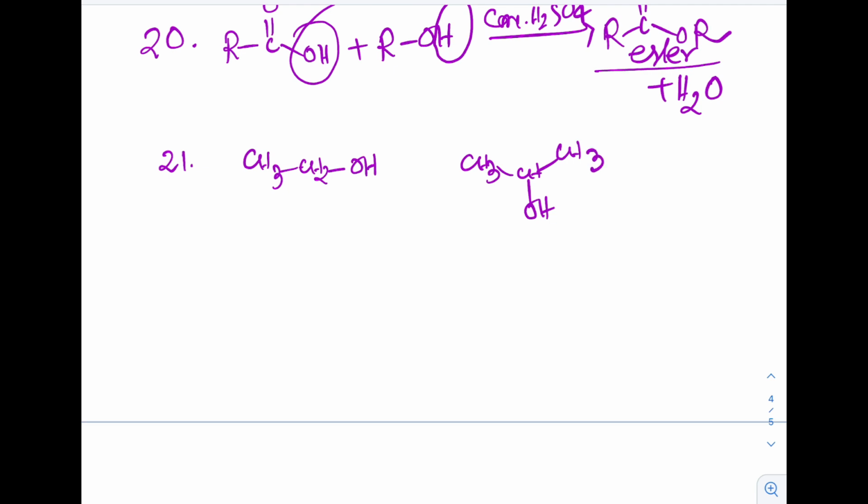So this is a 1 degree alcohol, and this is a 2 degree alcohol. Both the alcohols will respond to the iodoform test, so we cannot distinguish between them by applying the iodoform test. But if we use Lucas reagent, as it is a 1 degree alcohol, no turbidity appears.